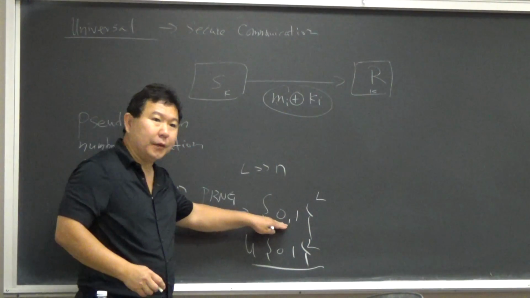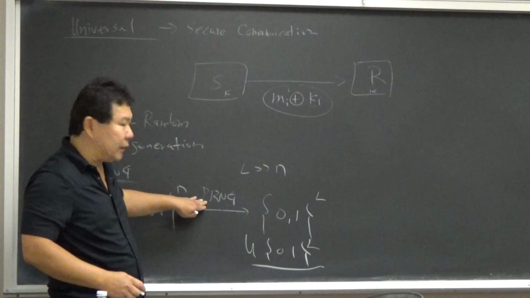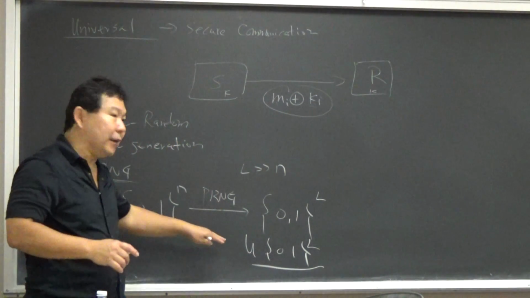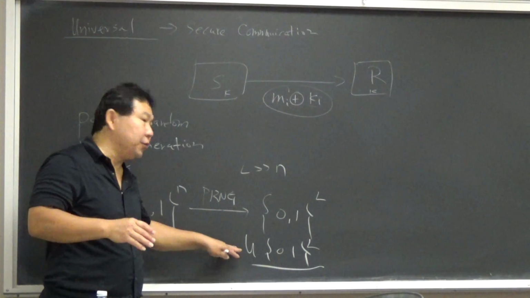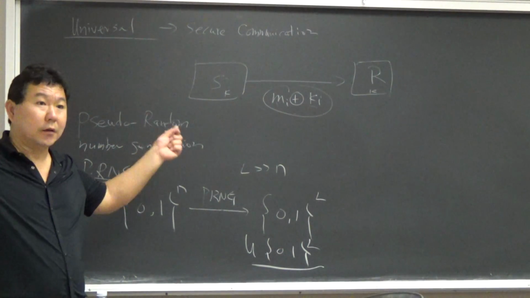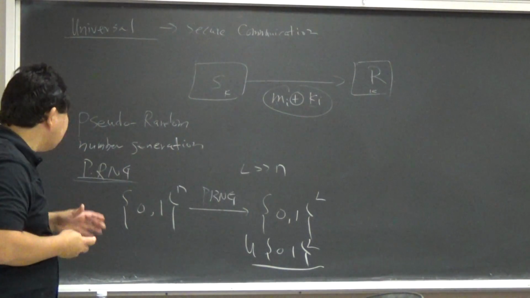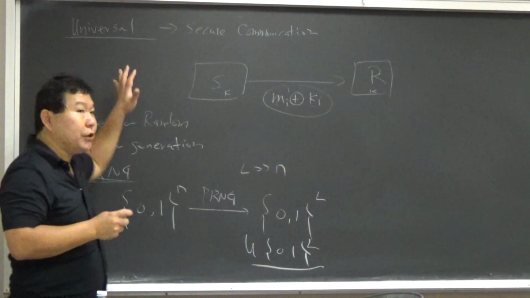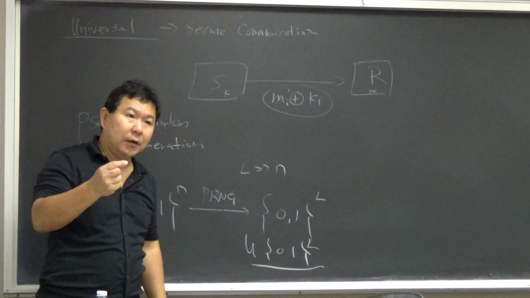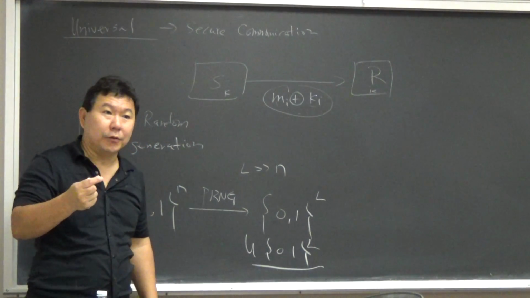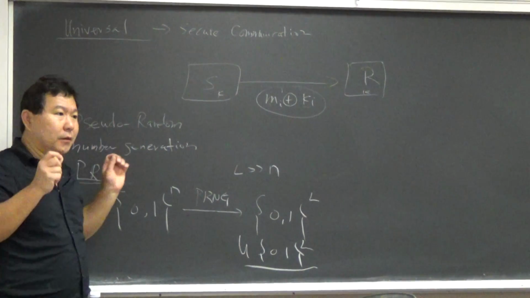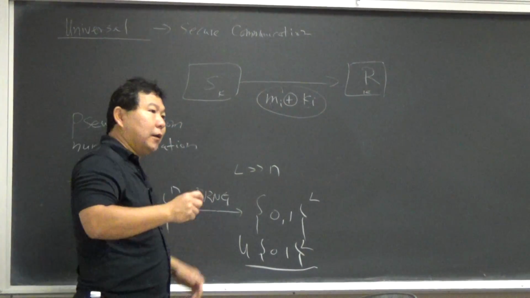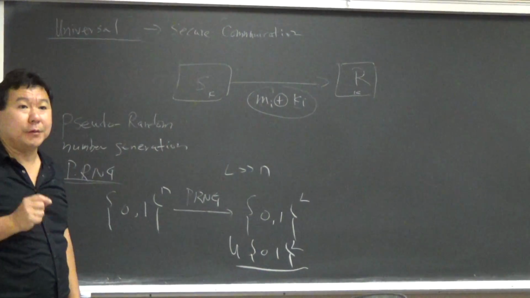This distribution produced by the pseudo-random generator, we would like to be computationally similar to as if you draw from this longer source. And last time I mentioned this actually is a universal protocol, together with exclusive OR encoding or one-time encoding, to give a general solution to the so-called symmetric key encryption scheme.